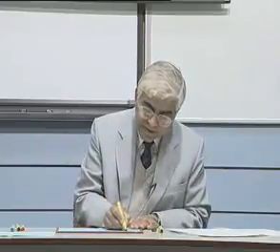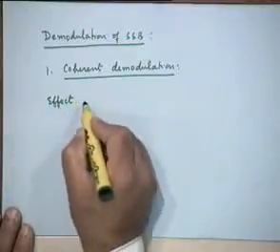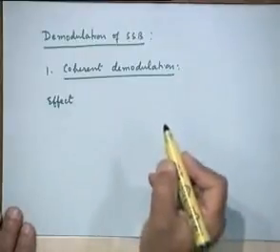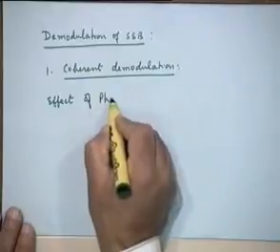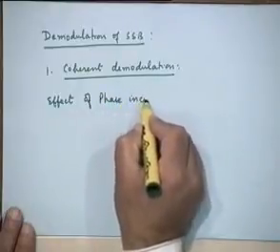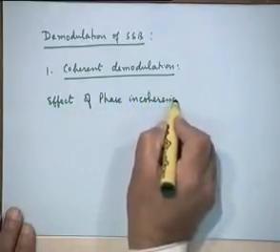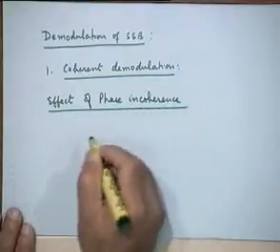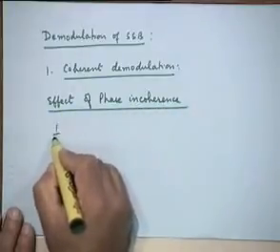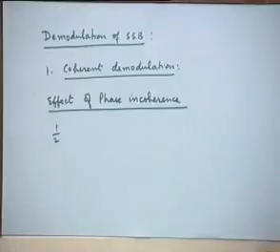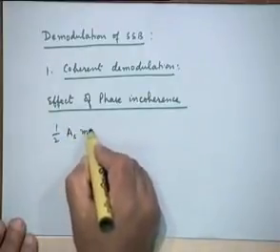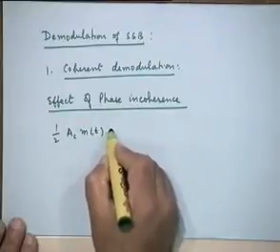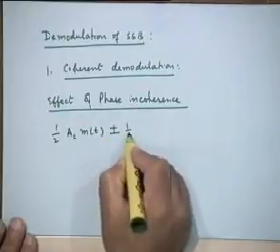So let's look at the effect if, suppose, you are using a coherent demodulator but there is a phase incoherence. To do that, we now have the mathematical tools to handle it. We know that I can represent the SSB waveform like this.